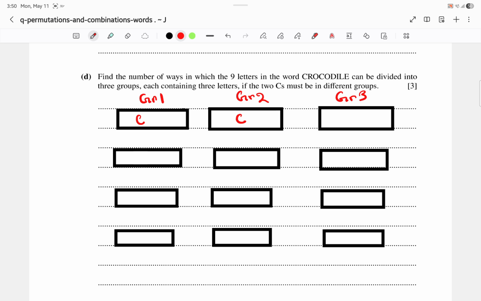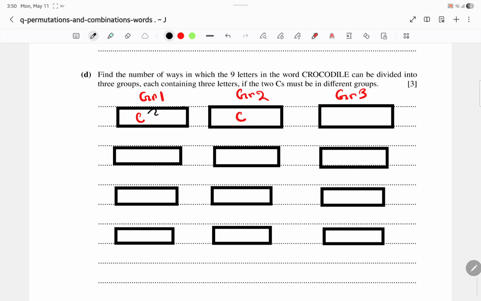So let's see, if one C is here, let's say one C has 2 O's and another C doesn't have any O. Alright, or let's write 2 C's in this.